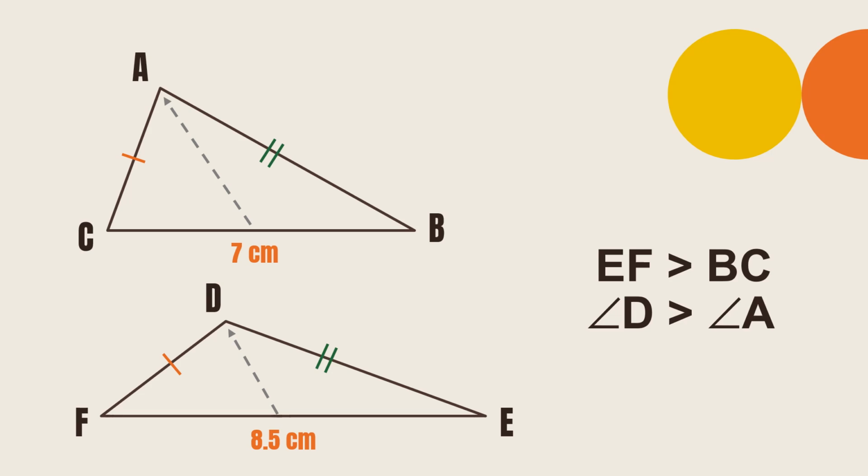If we start off with angle A, then angle A is less than angle D. Same doon sa line segment. Pag inuna natin mention yung line segment BC, then line segment BC is less than line segment EF.